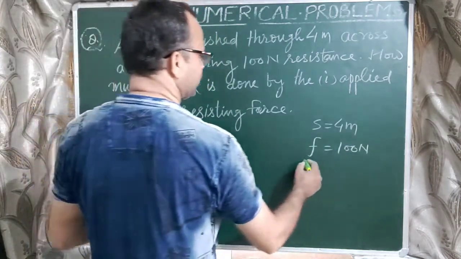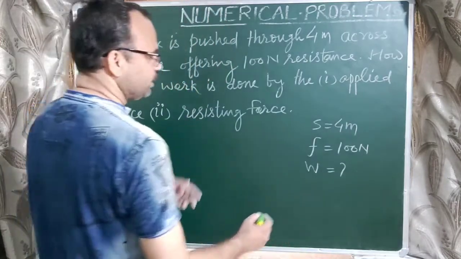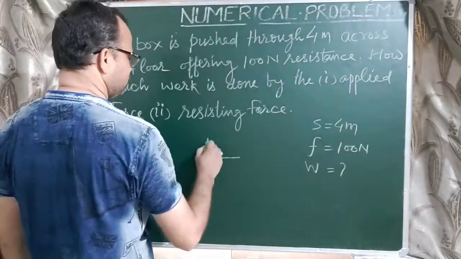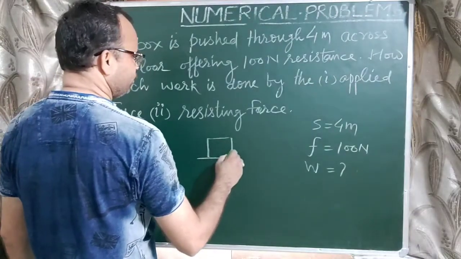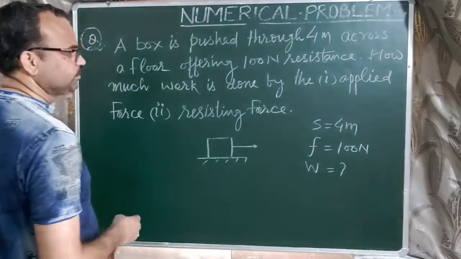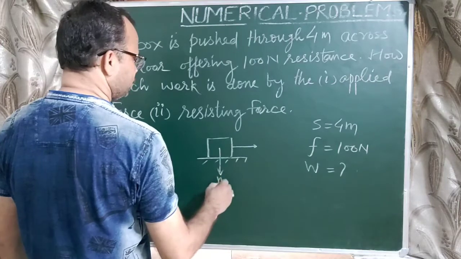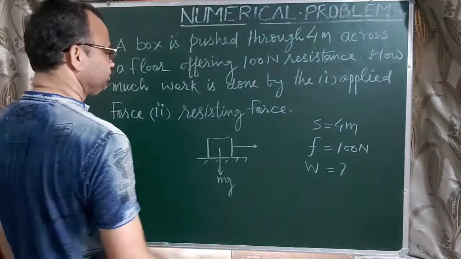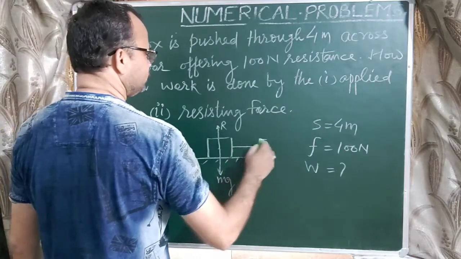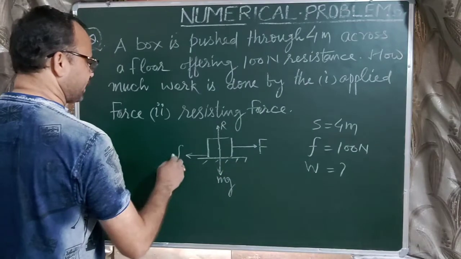We have to calculate the work done by applied force and work done by resisting force. Suppose a person applies a force over this body which is lying on this plane. The weight of this body is acting downward, reaction upward, applied force in this direction, and resisting force acts in that direction.